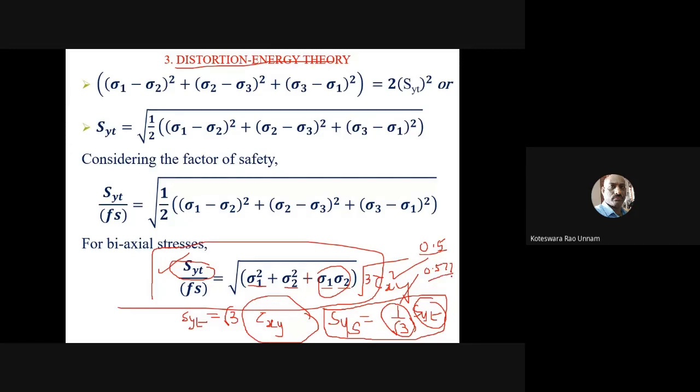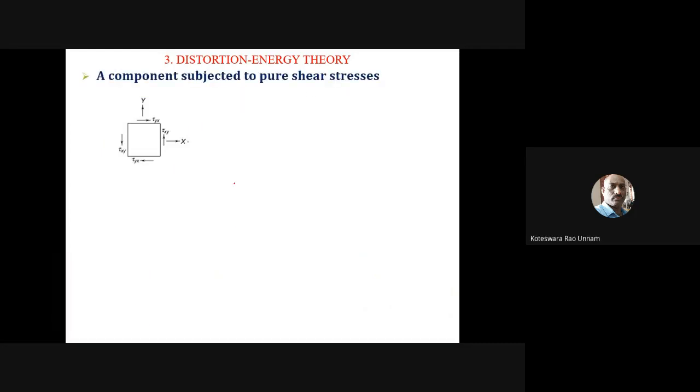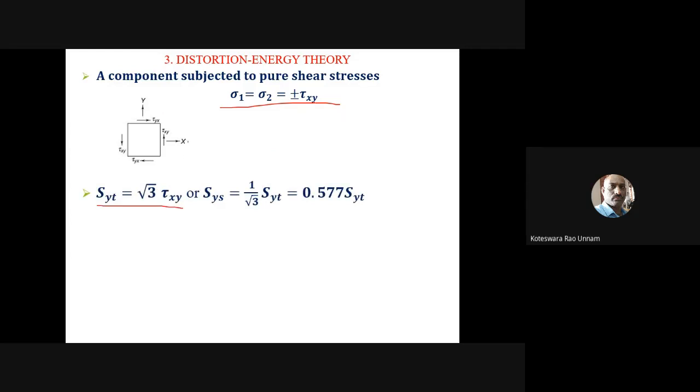So the distortion energy theory predicts a higher value for the shear strength of a component when compared to the maximum shear stress theory. That's what I've shown in these slides. Sigma 1 is equal to tau xy and sigma 2 is equal to minus tau xy. Substituting this tau xy into the design equation, we get SYD equal to root 3 tau xy.